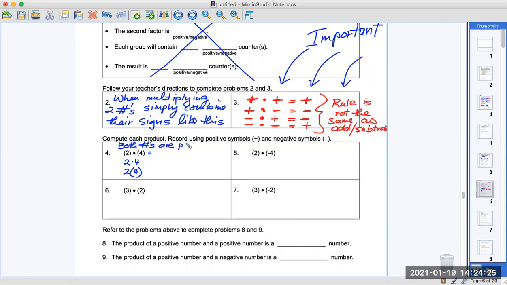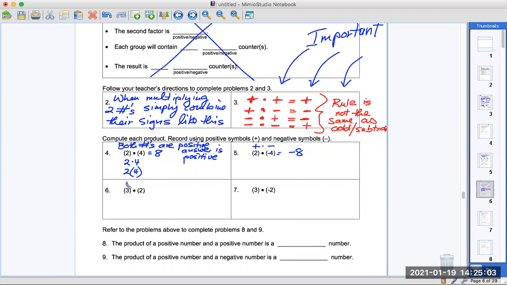So I go up here, positive times a positive, the answer is positive 8, okay? Two times negative 4. So you have one positive number times one negative number. Positive times a negative, the answer is negative. 2 times 4 is 8, negative 8.